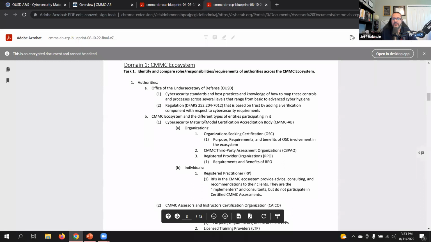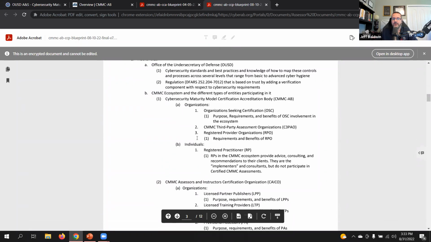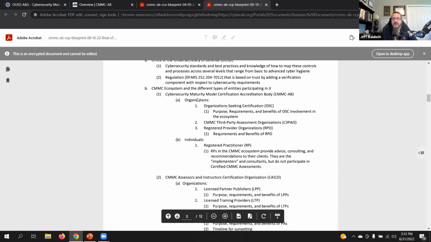So under each of these entities, there are organizations and individuals. For the AB side, which is the accreditation body, it's looking more at organizations than anything else. So you have the OSCs, either the ones that are going to attempt to get a CMMC certificate so that they can then go win contracts with the DoD. You have the CMMC third-party assessment organizations.